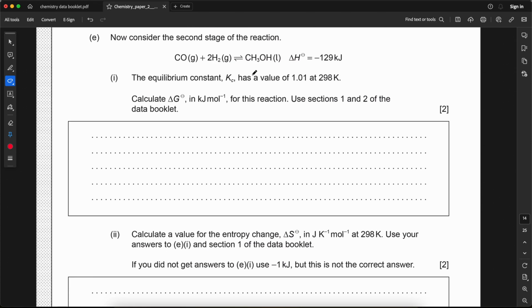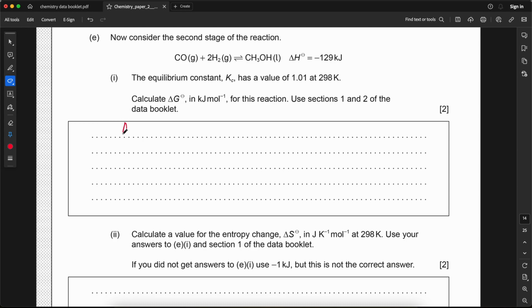Now consider the second stage of the reaction. CO plus 2H2 forms CH3OH. The equilibrium constant Kc has the value of 1.01 at 298 Kelvin.